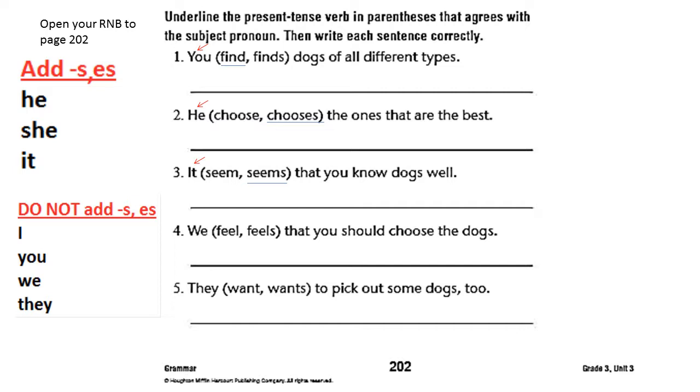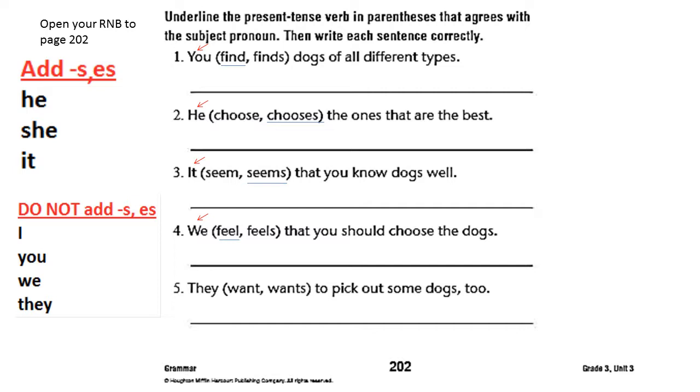Try sentences 4 and 5. You can pause this video and let's see if you got them right. Great, so I'm assuming that you paused. Let's figure it out. We feel that you should choose the dogs. We feel, right, that you should choose the dogs.